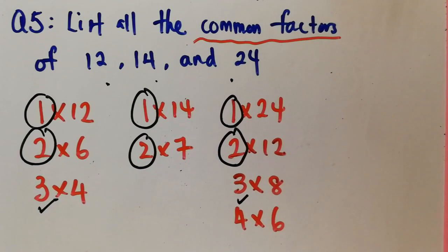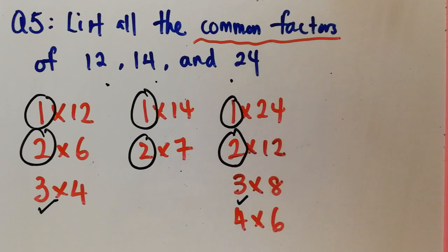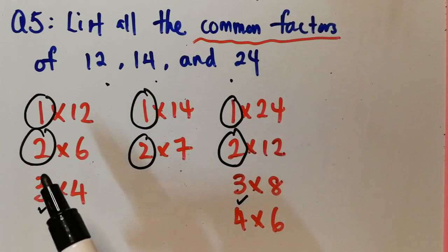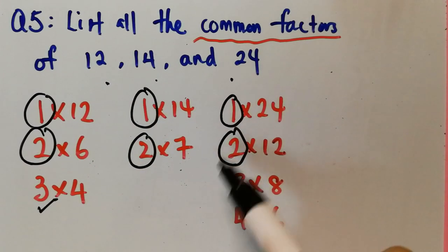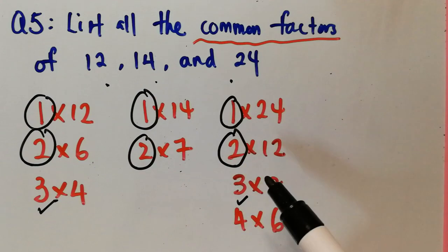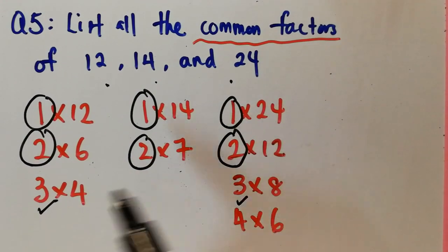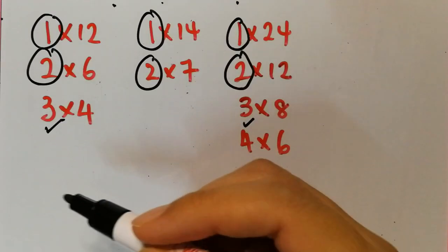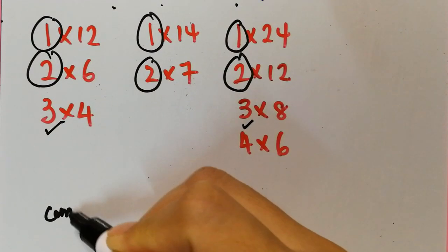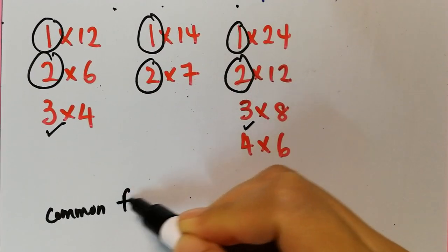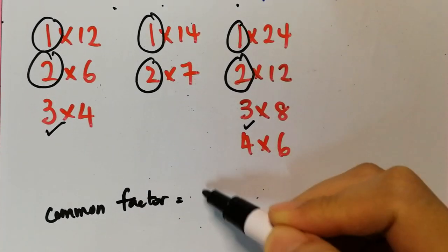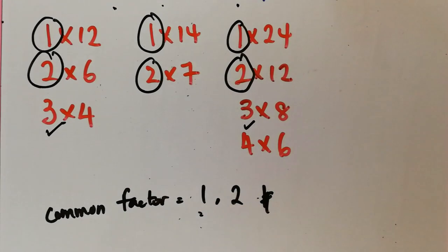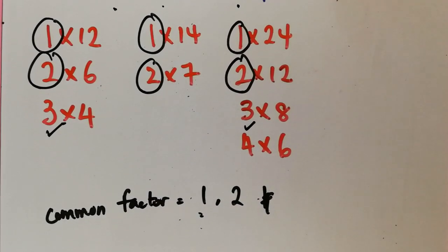No. My answer doesn't include 3 because only 2 of them have it. So you must make sure that if you want to tick or circle a number, all 3 of them have the same number. So my common factors for these 3 numbers are 1 and 2. Please remember that 1 is always an answer.